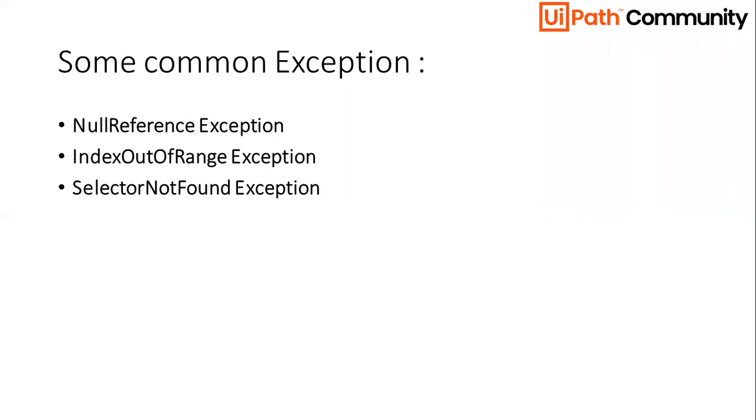Then the selector not found exception. This entire automation majorly plays around selectors. When you're trying to access something using a selector and that selector is not found, you get a selector not found exception. In the case which Nisarg just showed, he explicitly set the AA name to be 26, so when we do not get 26 there, there would be an error because the bot would not be able to locate that selector.